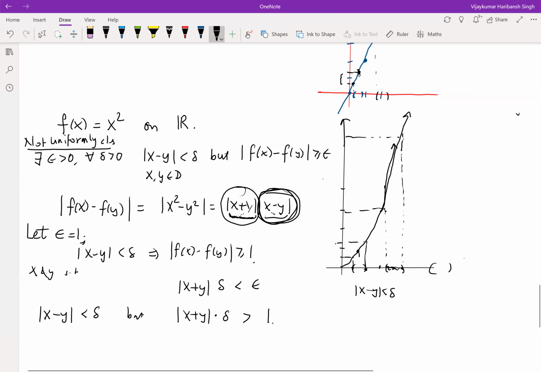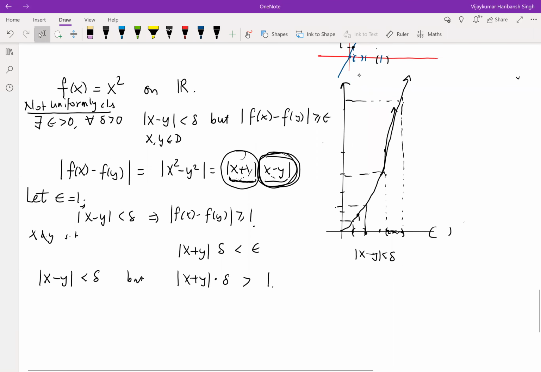This is what we are looking for, right? So how do we go about it? Let's make a choice: let y be x, sorry.